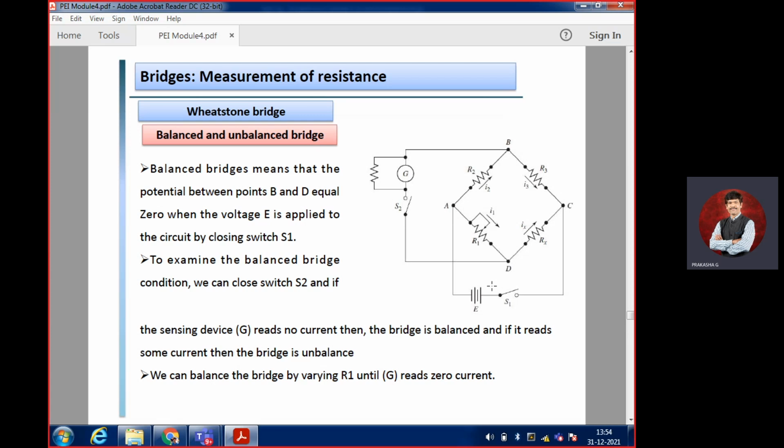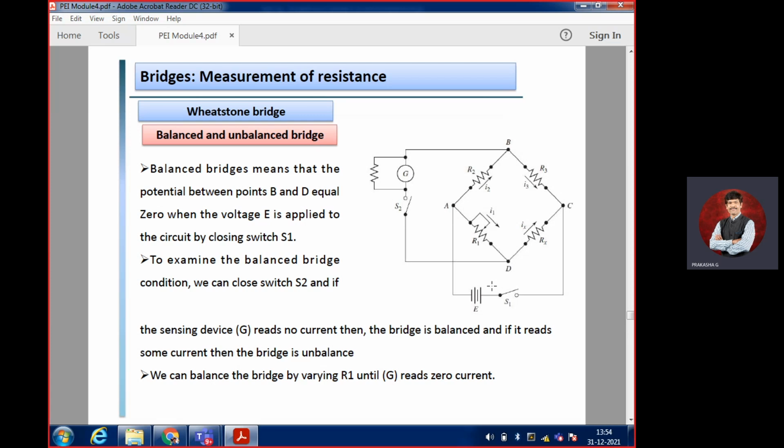Okay, moving ahead. We have to balance the bridge. Balanced bridge means that the potential between points B and D is equal to 0. When the voltage E is applied to the circuit by closing switch S1, that is the theory.